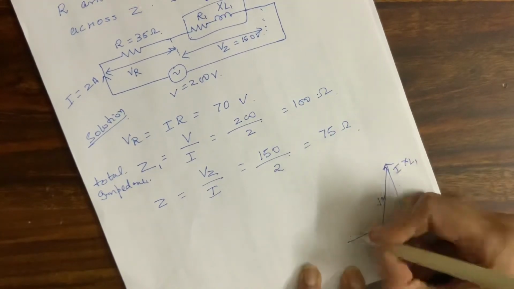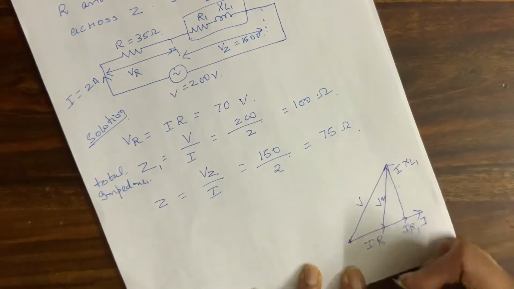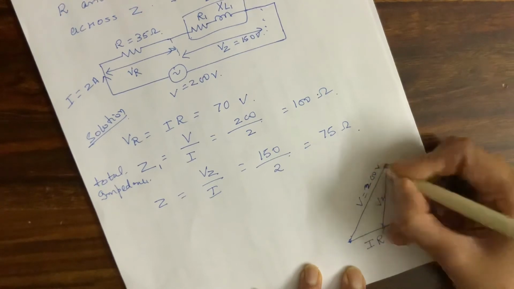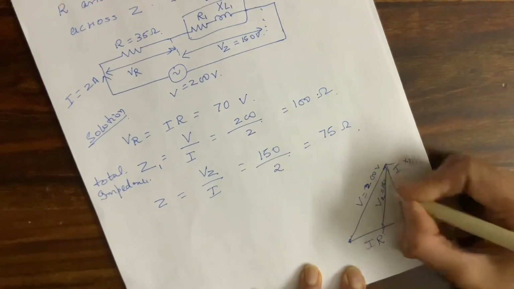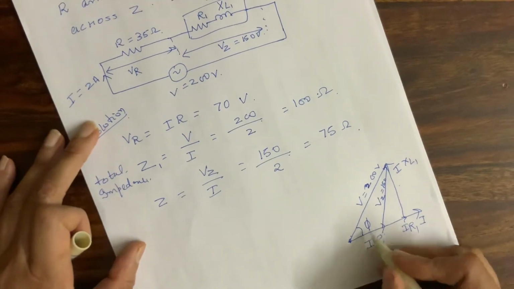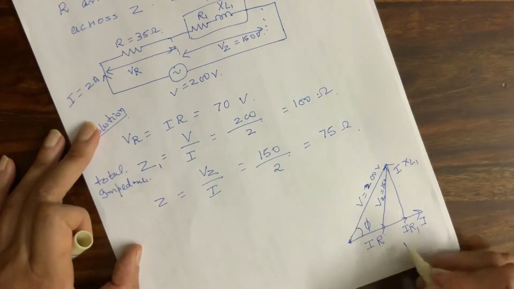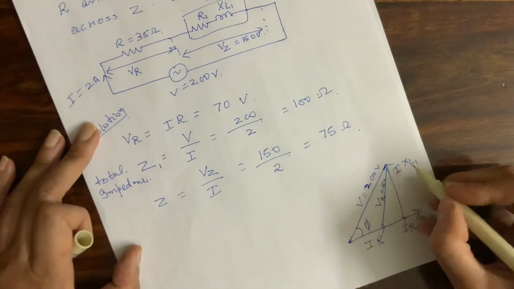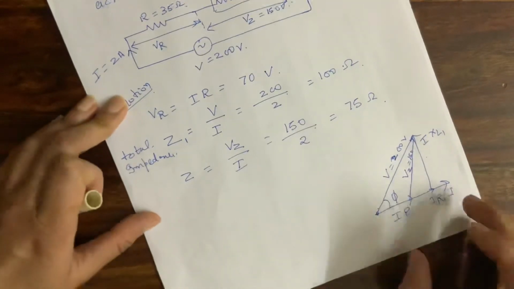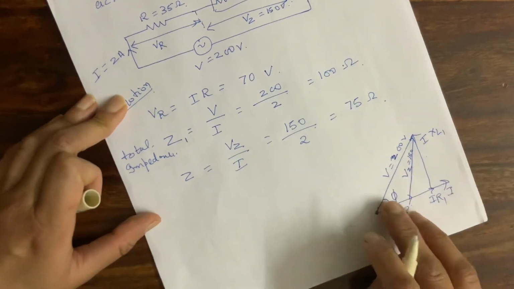The total voltage drop is given as the total voltage V, which is 200, VZ is 150, and this is some angle phi. This angle phi is not given. If I find this angle phi, I can find the values of IR1 and XL very easily, like we have done in the previous question. So after seeing this phasor, what came to my mind is to find this phi value.